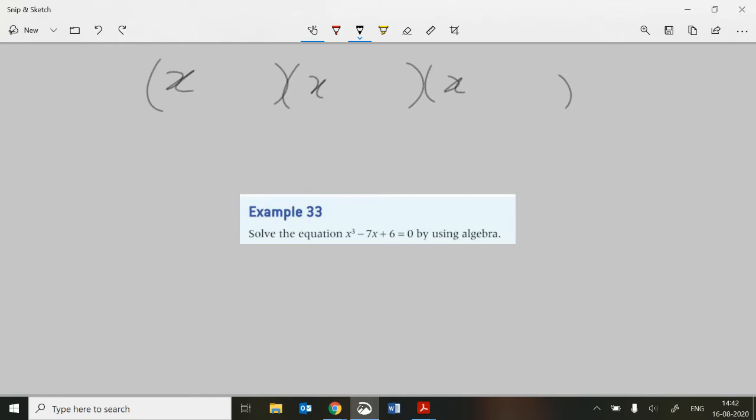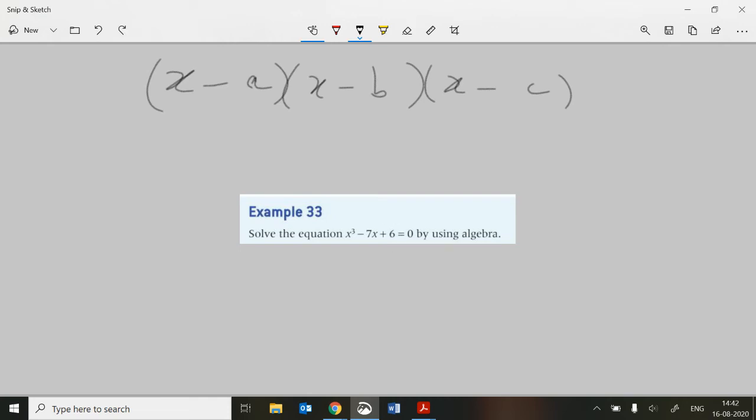And we've got to think that our three, let's call them A, B, and C, those are our roots, and our factors are x minus A, x minus B, and x minus C. Now, when we multiply these three things out, we're expecting to get 6.